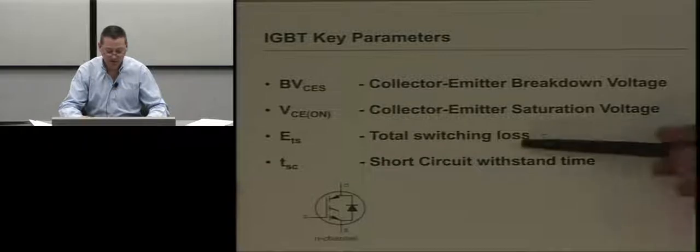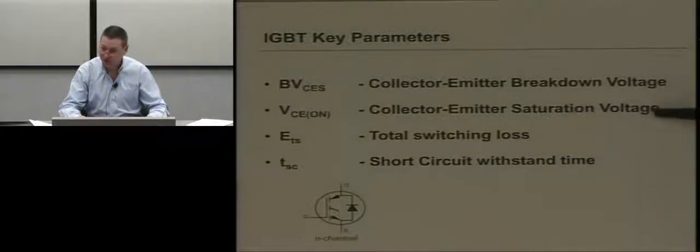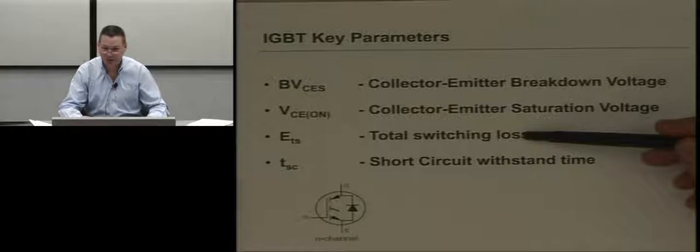Then there are these three, which we'll talk about the trade-off here. There's the saturation characteristic of the device, the VCE(on). There's switching loss, which has to do with what I showed you earlier, how quickly you can pick up current and saturate.